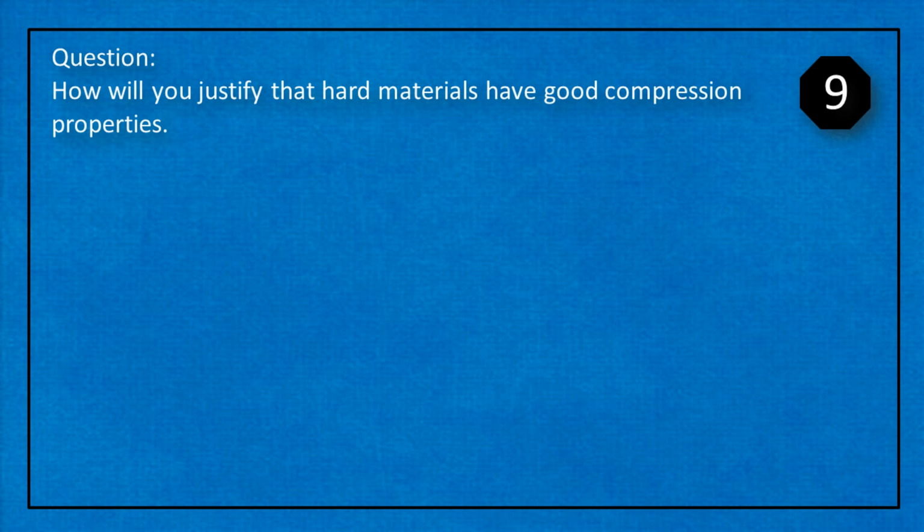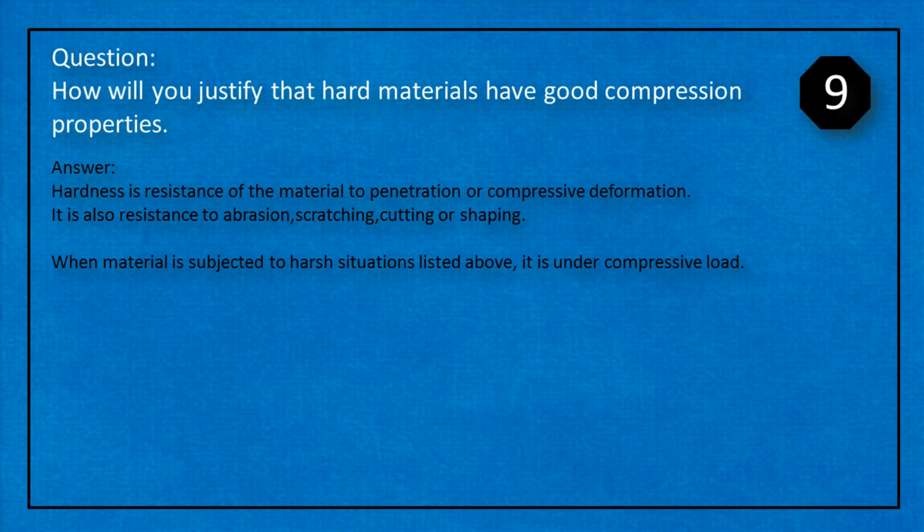Question: how will you justify that hard materials have good compression properties? Answer: hardness is the resistance of the material to penetration, or compressive deformation. It is also resistance to abrasion, scratching, cutting or shaping.